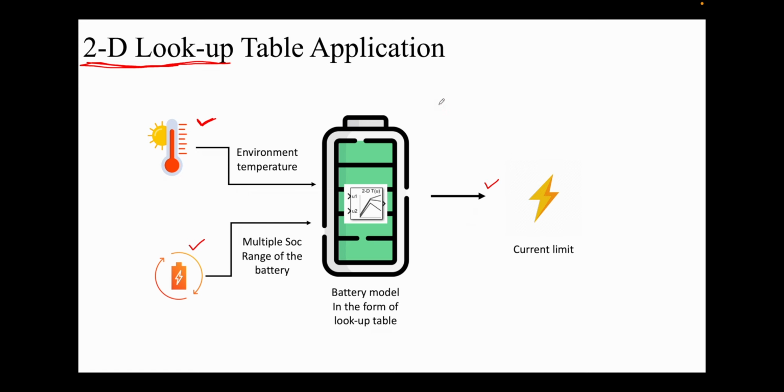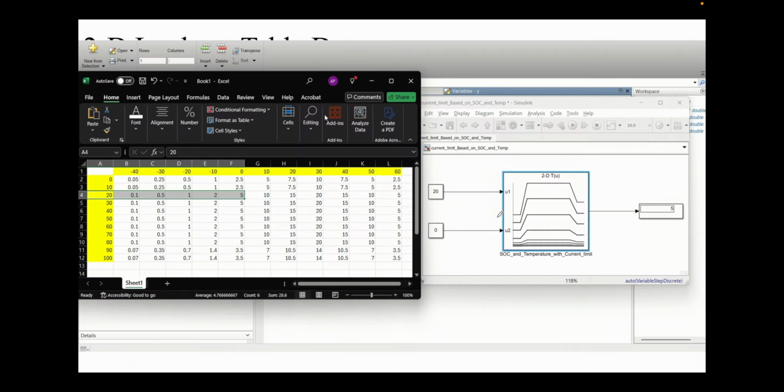So this is just an example which we can take, and with the help of this, let's get started and create the model. If you see here, we have the lookup table on the left hand side. Here we can see this is the x-axis, which is the SOCs, and this is all the temperatures.